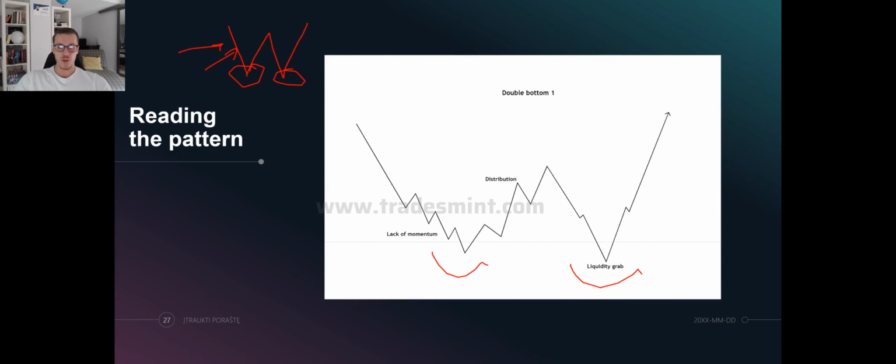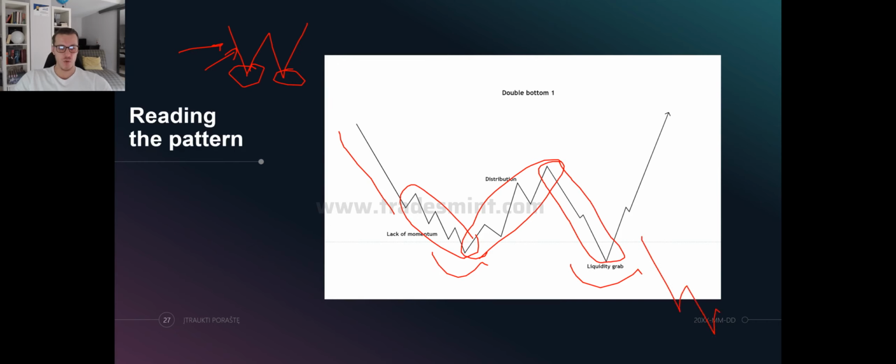But if we look at it a little more closely, we have strong momentum coming down. Then with this type of price action, we have a lack of momentum. Then we have distribution in price. Then with this move to the downside, bears try to step in and take the price lower, but they are failing. We have a liquidity grab.